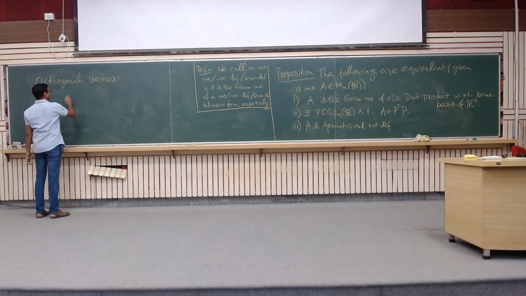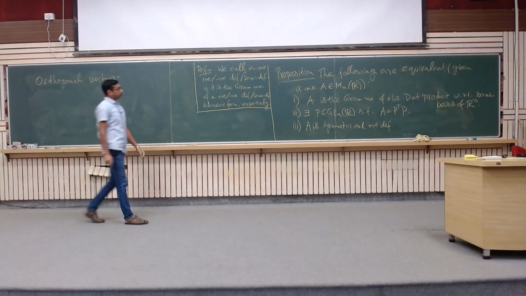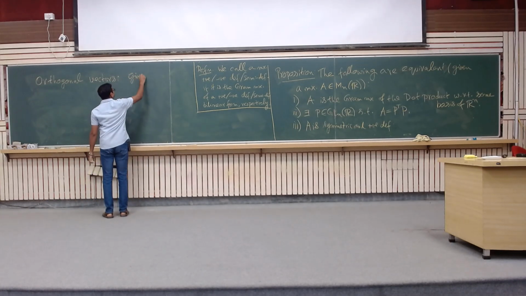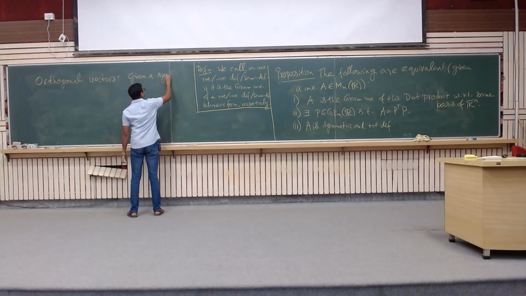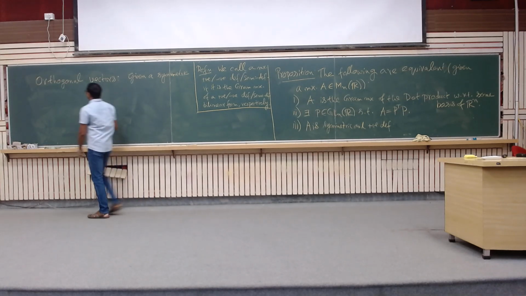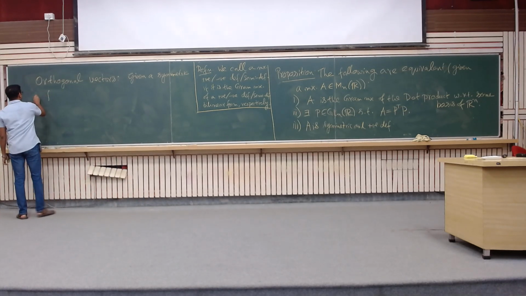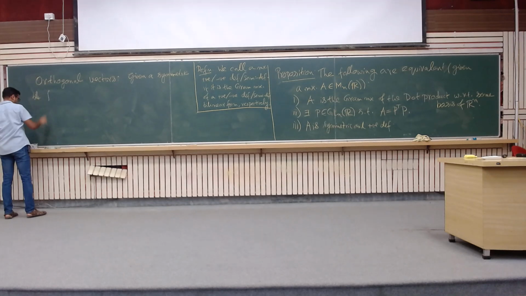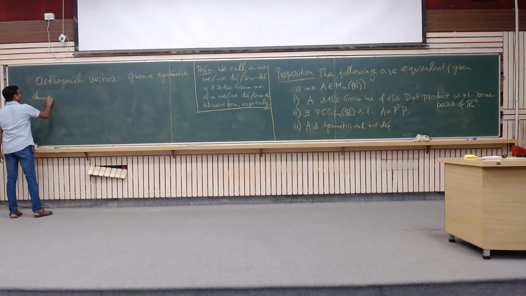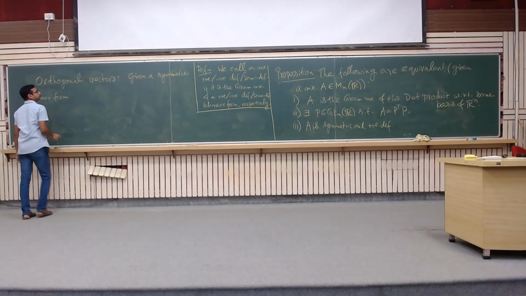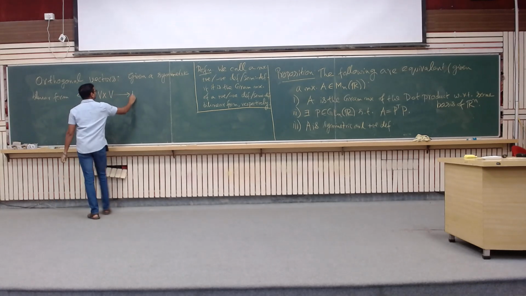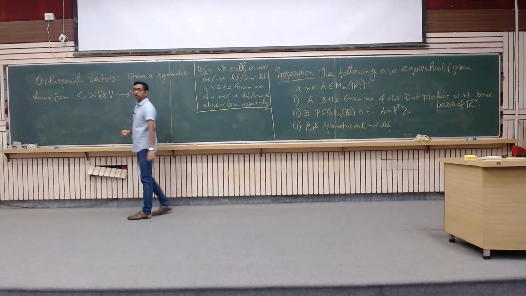So two vectors, given a symmetric bilinear form from V cross V to R.